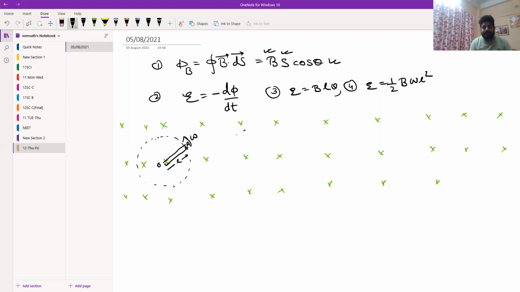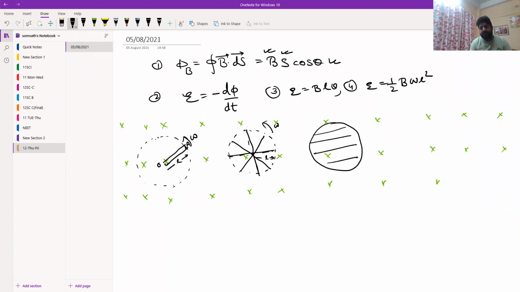Second one, if we have n number of rods like this, moving with angular velocity omega, suppose the same length L, or if we have an infinite number of rods which look like a disk, with angular velocity omega, in all these cases the induced EMF is half B omega L square.